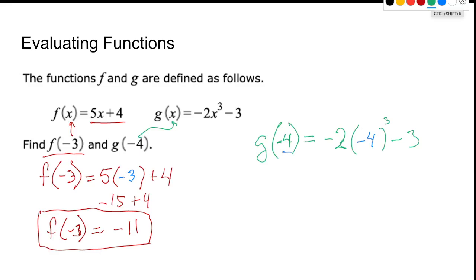So in this case, we're going to take negative 4 and cube it, so that's negative 4 times negative 4 times negative 4. It's going to be a negative number, and 4 times 4 is 16, times 4 more gives us 64. So negative 64. And we're going to multiply that by negative 2, and then we're going to subtract 3, just following along the order. So a negative times a negative becomes positive, and 64 times 2 is going to be 128.